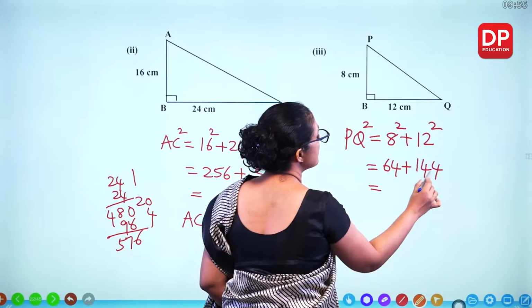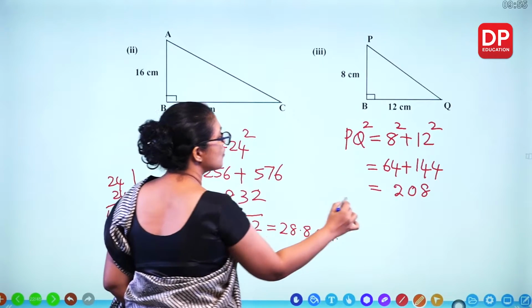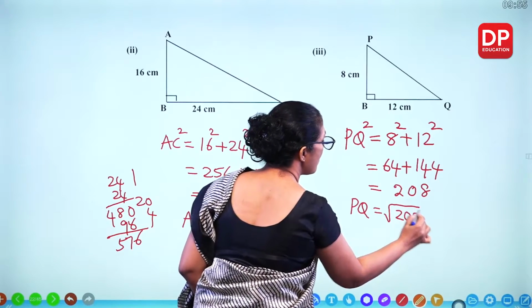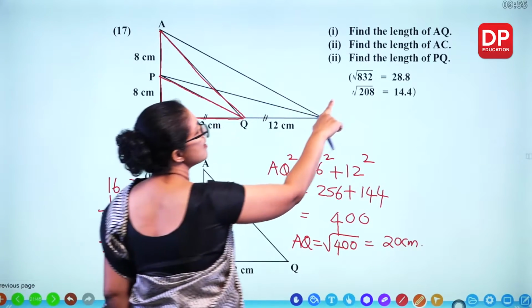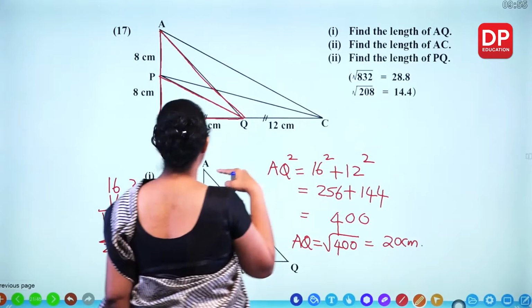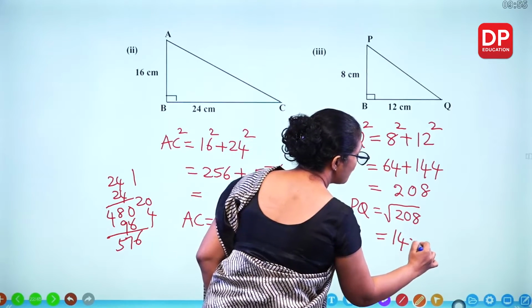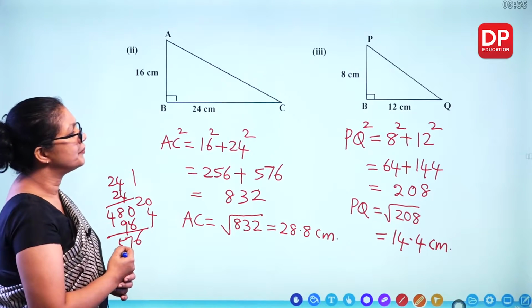When you add it, you get 208. So what's PQ? Square root of 208. And the question says square root of 208 is 14.4. 14.4 centimeters for PQ.